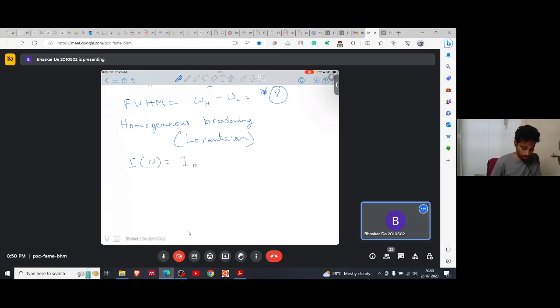I(omega) = I naught, this is the exact Lorentzian for the homogeneous broadening, gamma_ULT by 2 pi over (omega minus omega naught) whole square plus (gamma_ULT) square by 4.